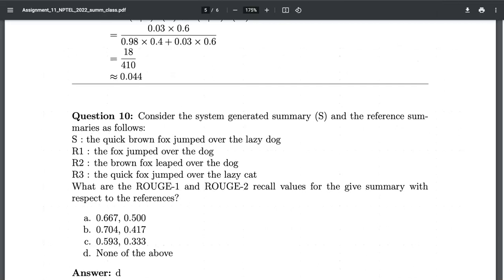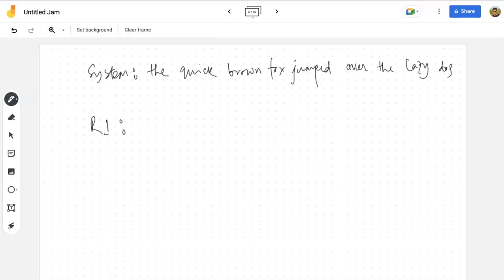And what is the first reference? The fox jumped over the dog. Now how to calculate the ROUGE score?